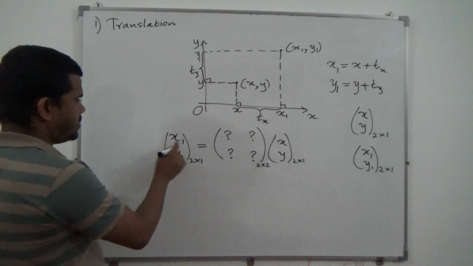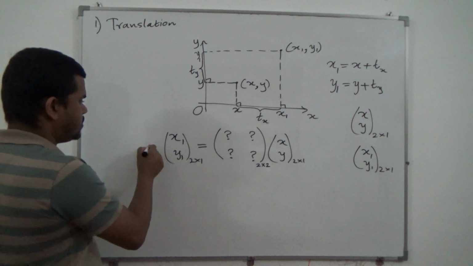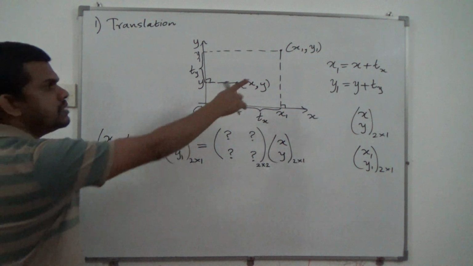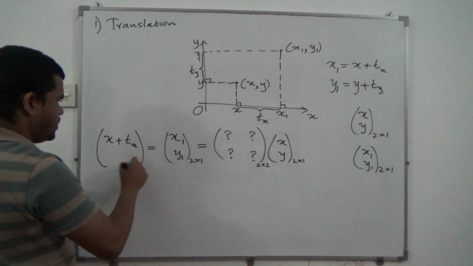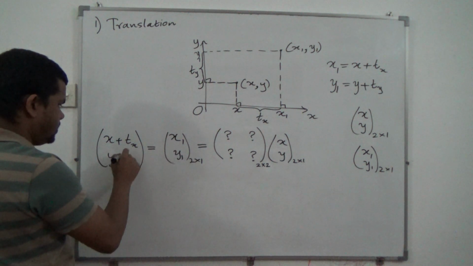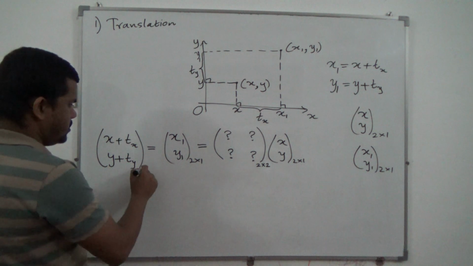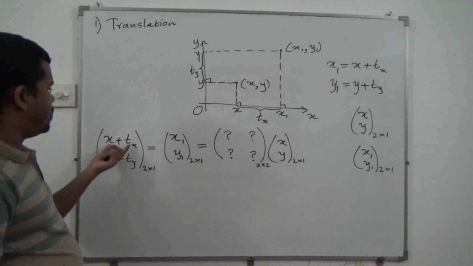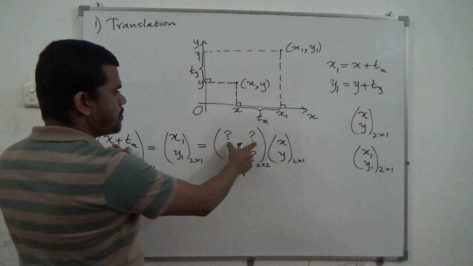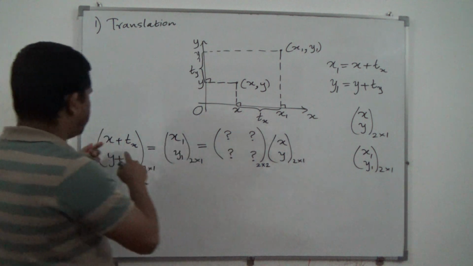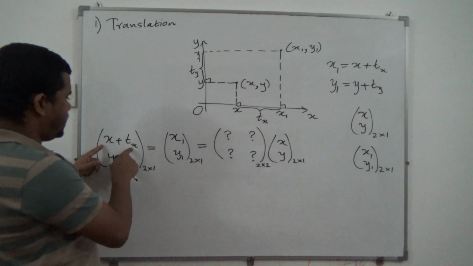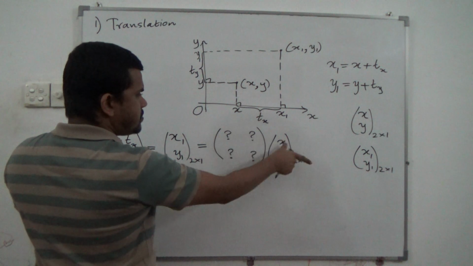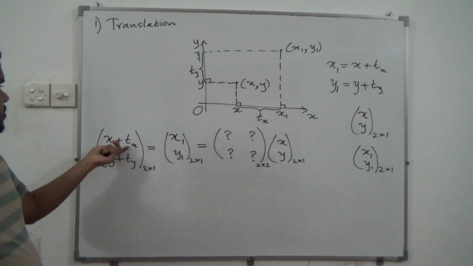That means let's write this one. You can write this as x plus tx. X1 means x plus tx and y1 means y plus ty. This is also a 2 cross 1 matrix. Now in order to get this, can we find 2 values that can make this one?